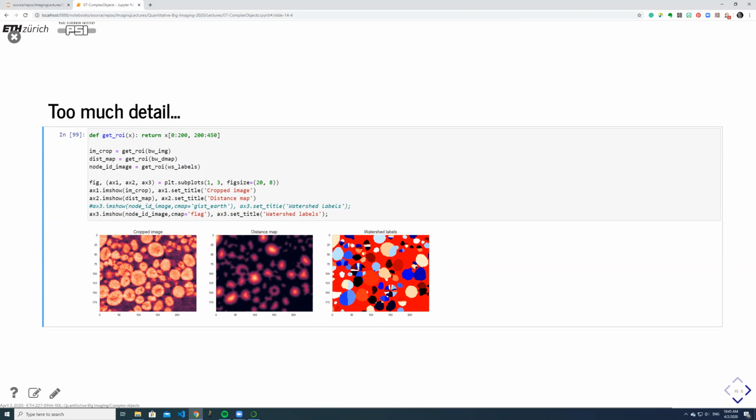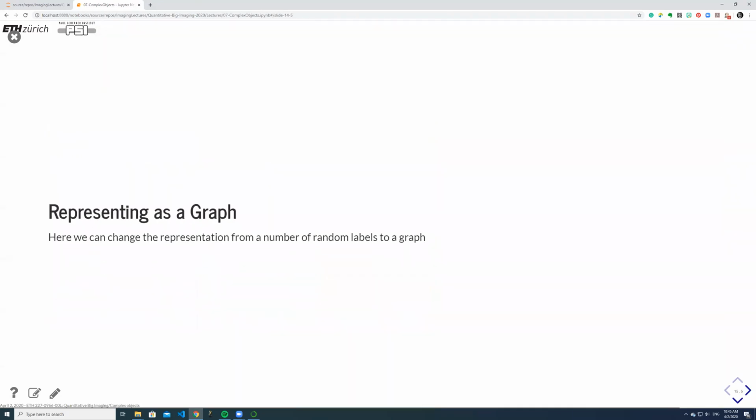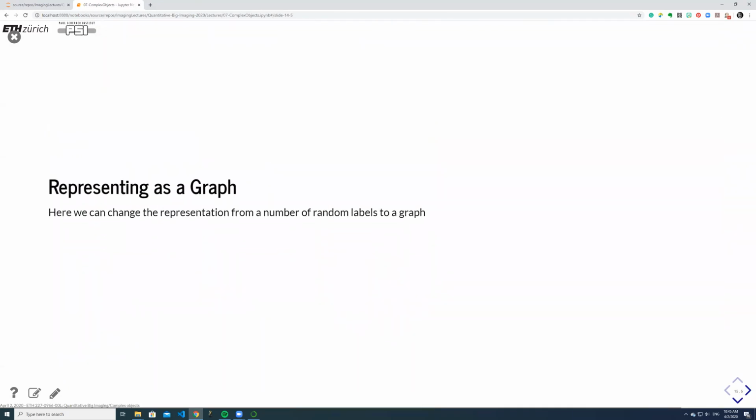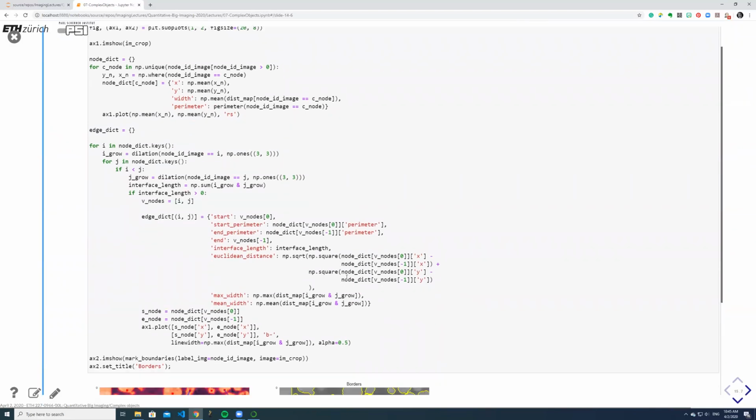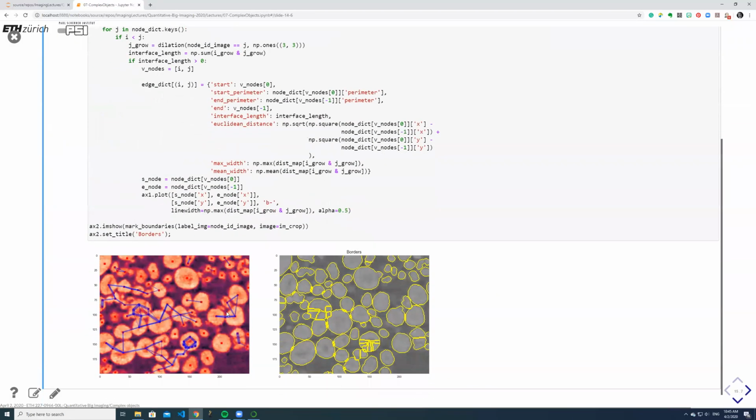So again, a good idea would be here to impose some good minima and merge all these over segmented items. Another way would be to keep it as it is, and represent it with a graph.